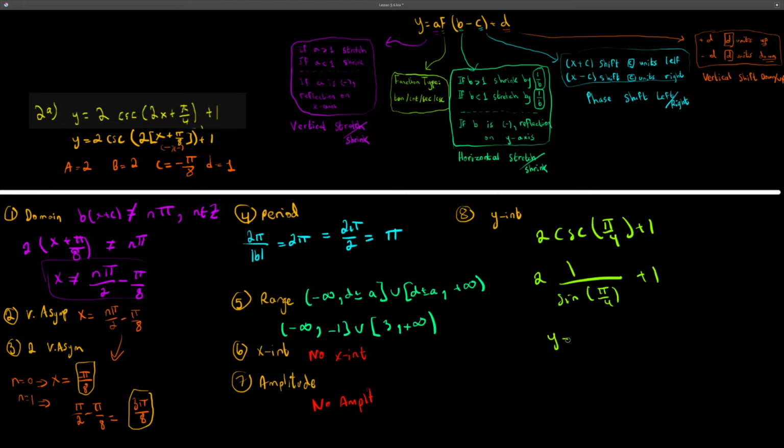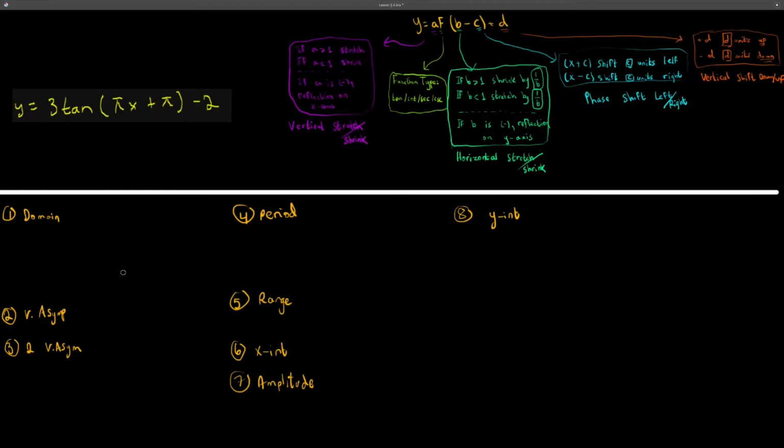So then y will be equal to 1 plus 2 radical 2. So we also have to remember to write the interval notation of the y-intercept being 1 plus 2 radical 2. And that is the y-intercept.